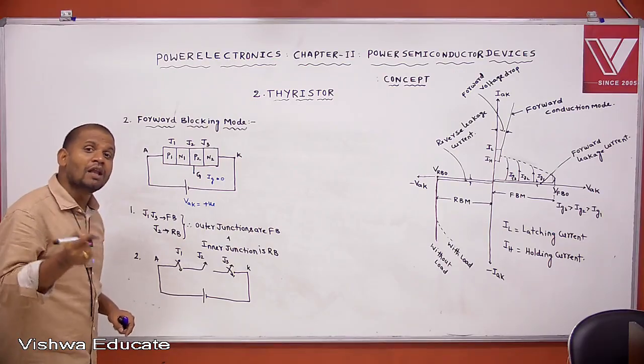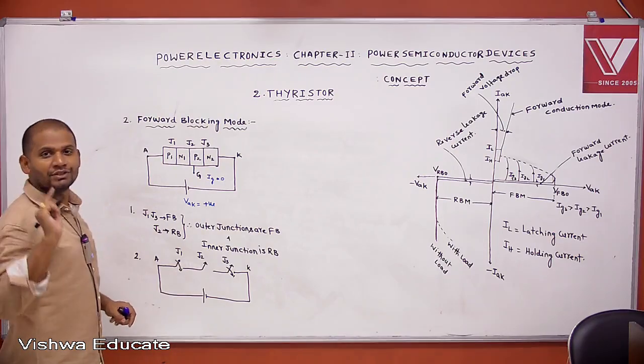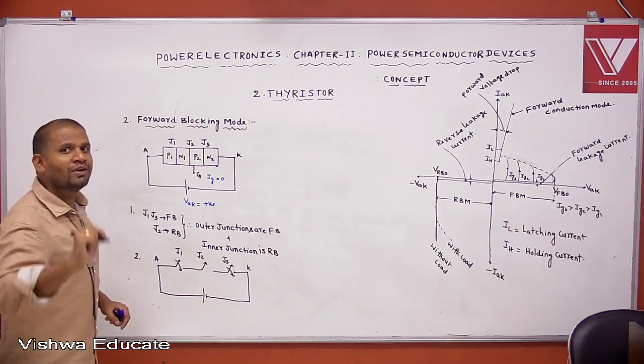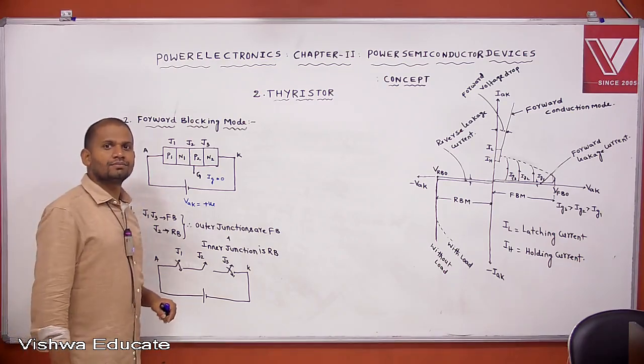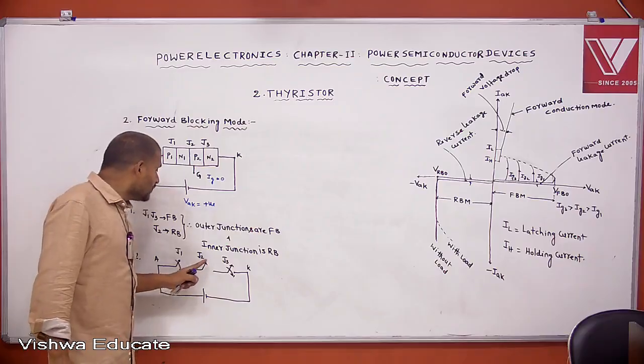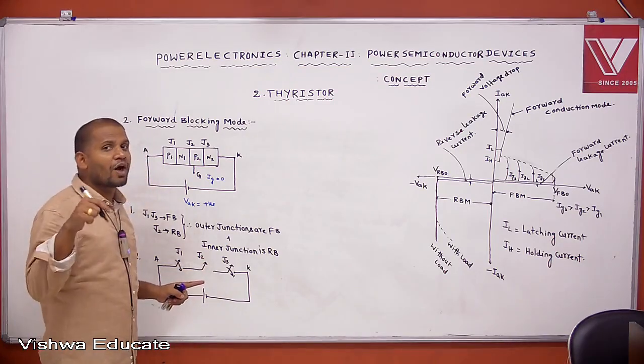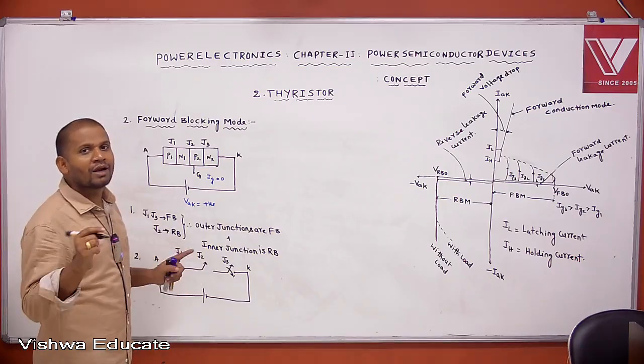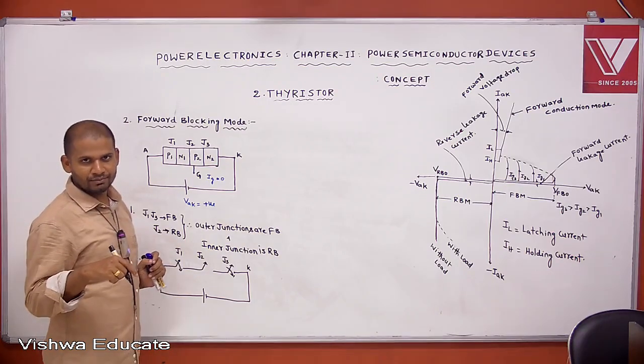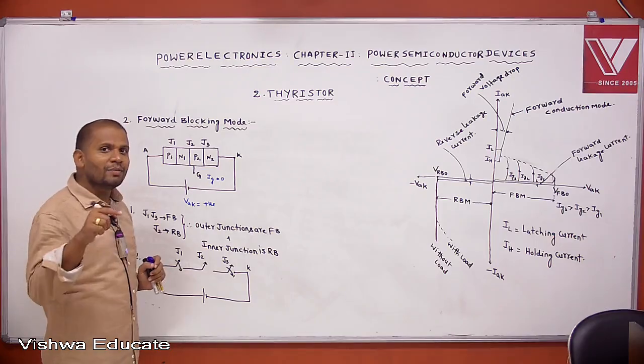That's why in forward blocking mode also, SCR acts as an open switch. Hence it also blocks forward voltage. And this is the difference between diode and SCR. Concentrate. What is the difference between diode and SCR? SCR blocks the forward voltage, but a diode will not block the forward voltage. That is the main difference.